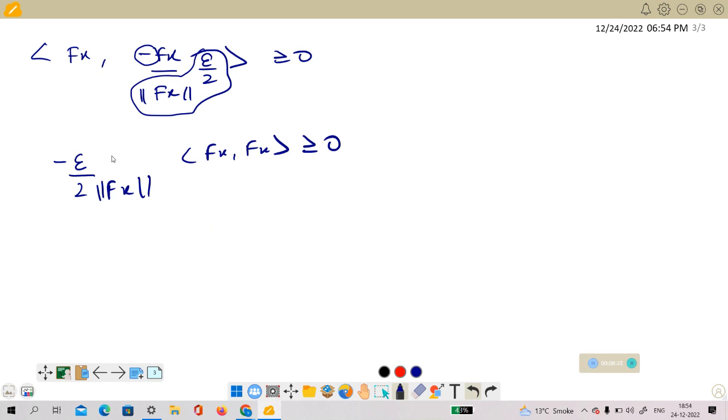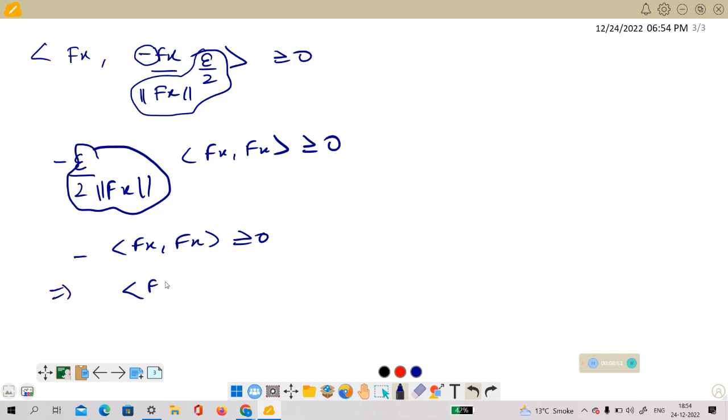These terms are always greater than 0, so this means that minus f(x) comma f(x) should be greater than or equal to 0. This implies that f(x) comma f(x) is negative.